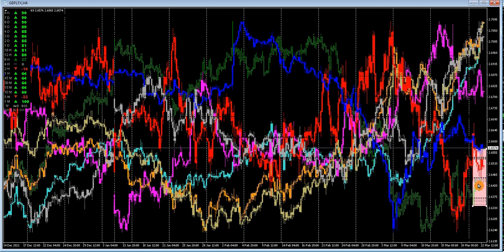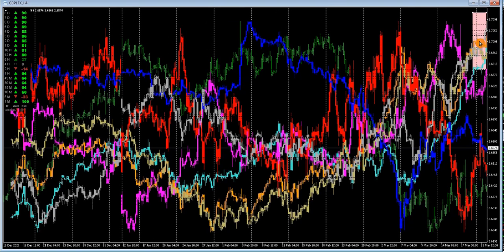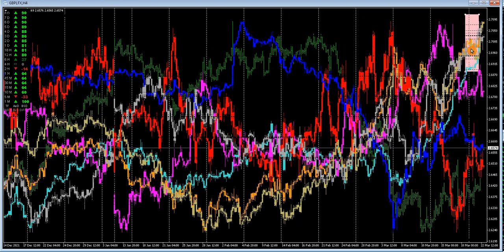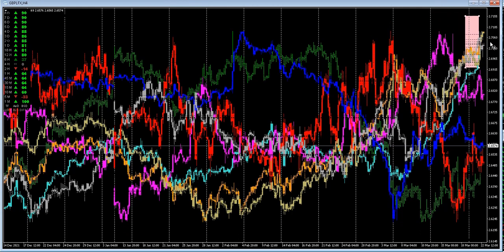Well, let's take a look at this move of pound relative to them. This is the lowest point of the open would be here. After the open, the lowest point would be here. And we can see already the pound moves stronger than all of them.